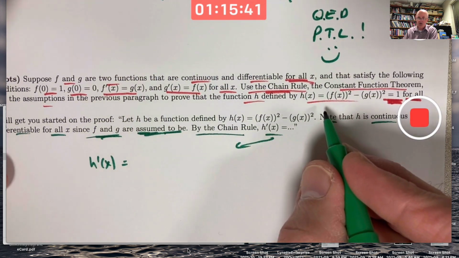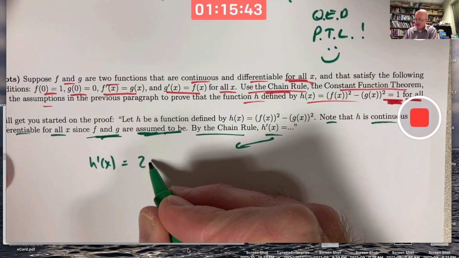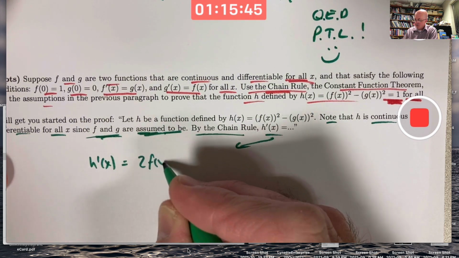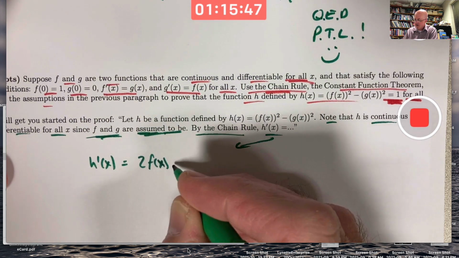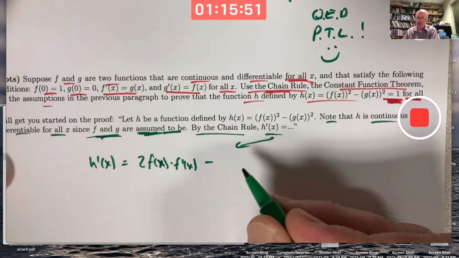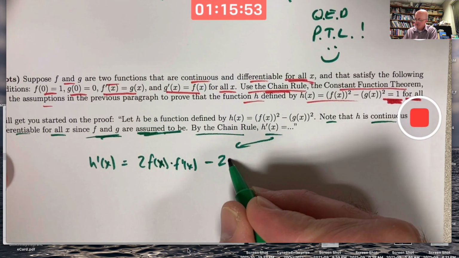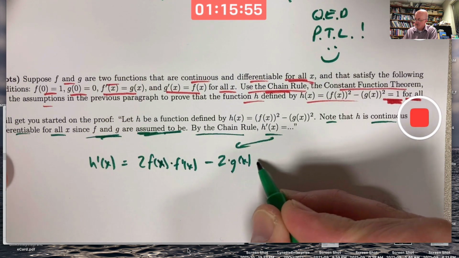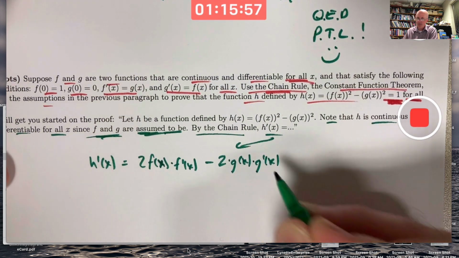It's the derivative of the first, which I need the chain rule for, 2 times f of x to the first power times f prime of x, that's the inside function, minus the derivative of the second, 2 times g of x to the first times g prime of x.